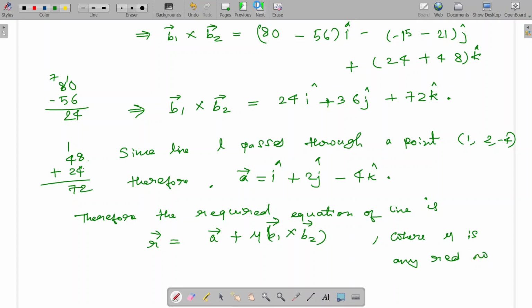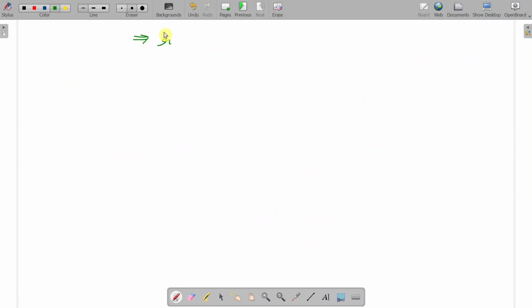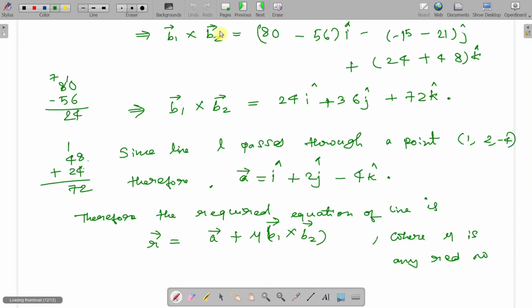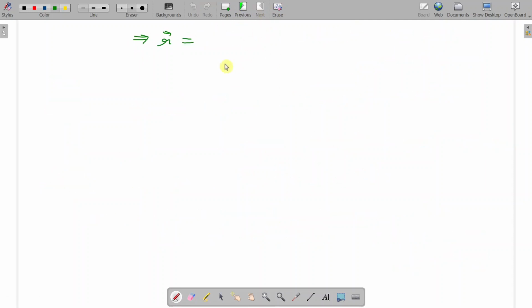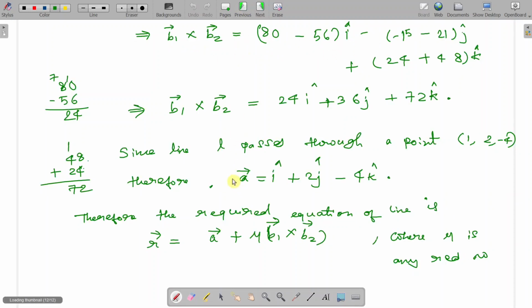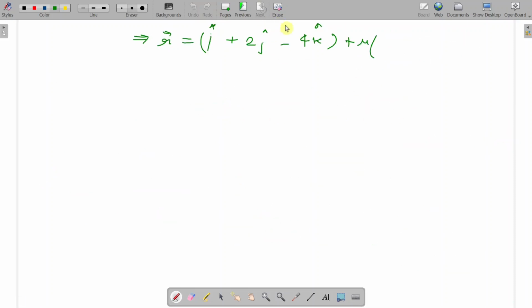Okay, so what we get is r bar equal to a bar, which is i cap plus 2 j cap minus 4 k cap, plus mu times b1 bar cross product b2 bar, that is 24 i cap plus 36 j cap plus 72 k cap.